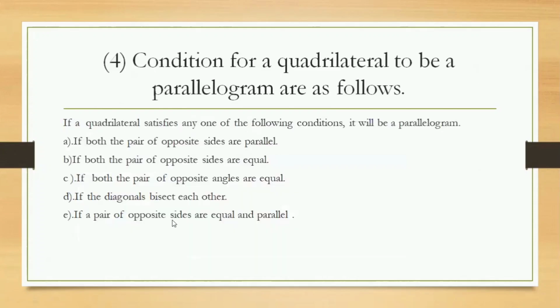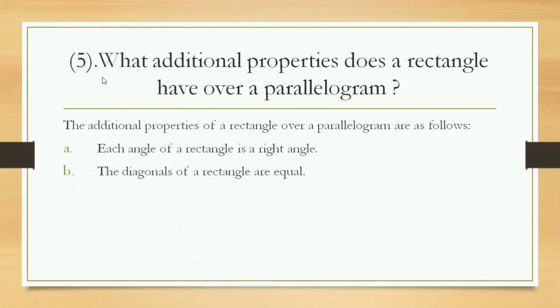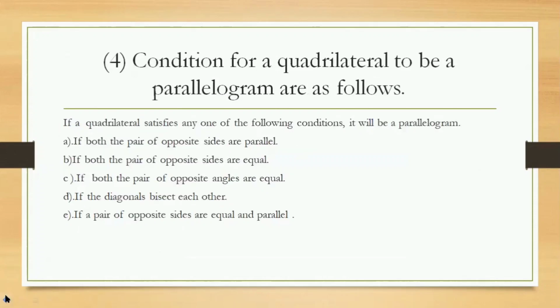Okay, now next, the conditions for a quadrilateral to be a parallelogram are as follows. The quadrilateral must have these conditions, then that quadrilateral is known as a parallelogram.